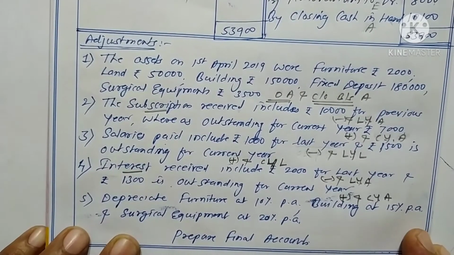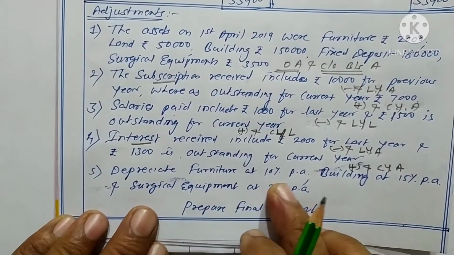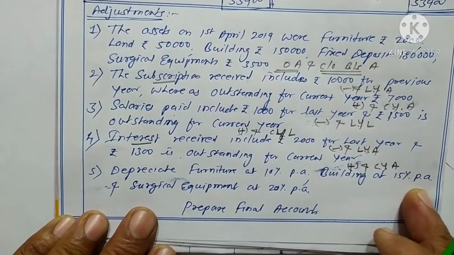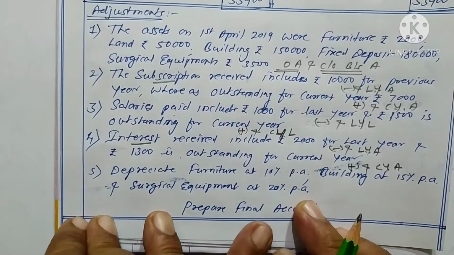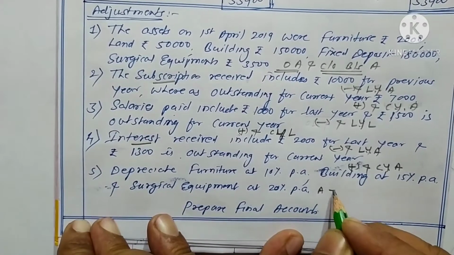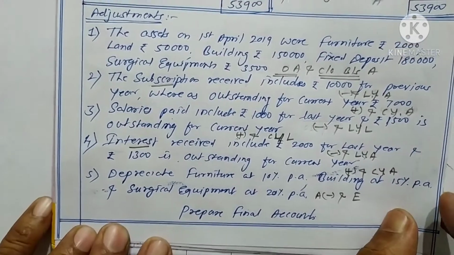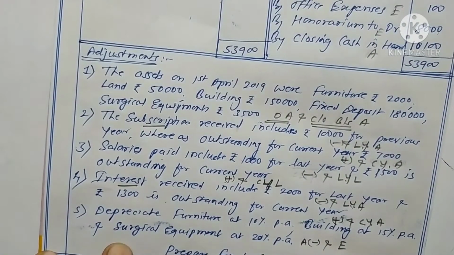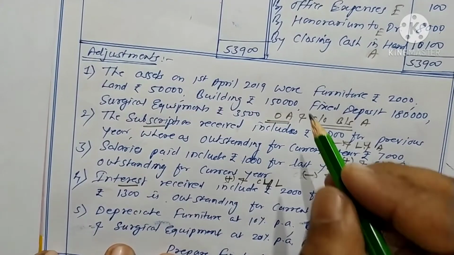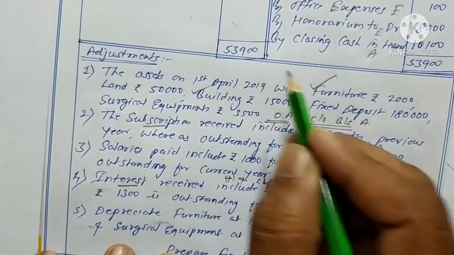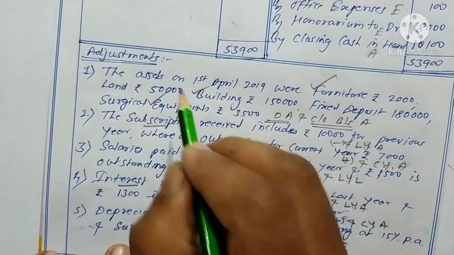It is a receivable. Now depreciate furniture 10%, building 15% and surgical equipment 20%. It is to be deducted from assets, and second effect will be on expenses. We have to take out the building, furniture and equipment. Here it is building, furniture and equipment.